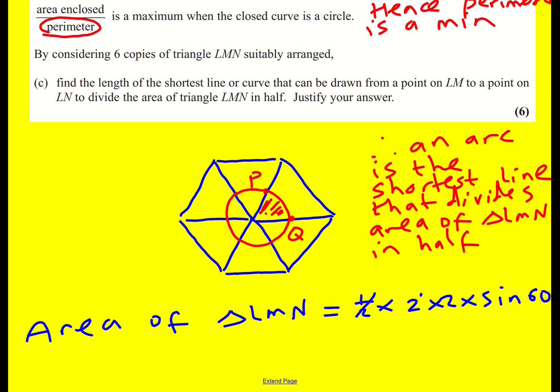Just trying to remember, they cancelled. So that was root 3 over 2, so it gave me root 3.